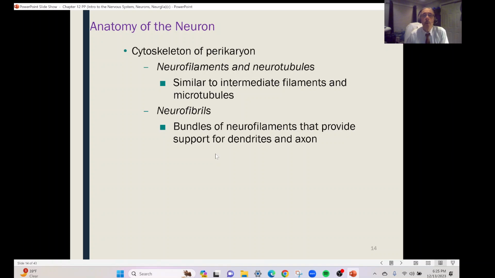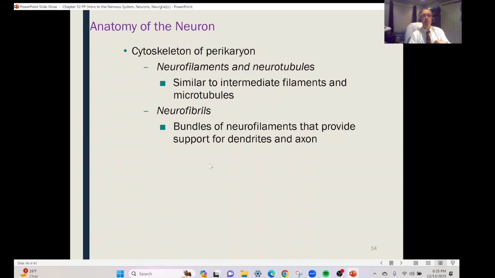So the neuron also has a cytoskeleton, just like our regular cells. So we have a combination of fibers. We have neurofilaments. These are similar to intermediate filaments in the regular cell. And we have neurotubules, which are similar to the microtubules in a regular cell. When we have bundles of neurofilaments, we called them neurofibrils, right?